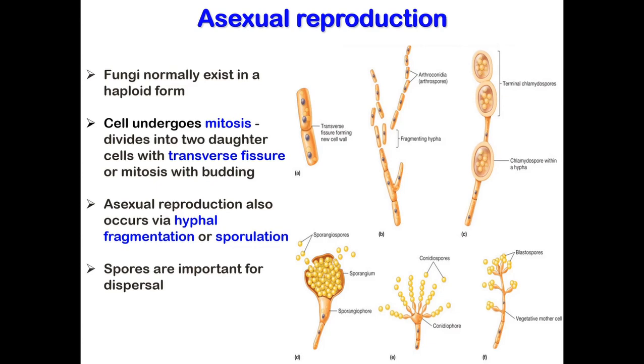You can see these in figure C. Sporangiospores, on the other hand, develop within a sac called a sporangium at the hyphal tip, which is shown in figure D. And then you have conidiospores, which are spores that are not enclosed in a sac, but are produced at the tip or sides of the hypha, shown in figure E. And then finally you have blastospores, which are produced from a vegetative mother cell budding. You can see that in figure F.